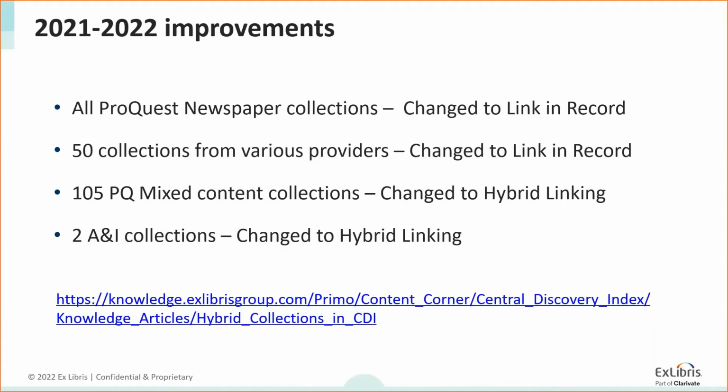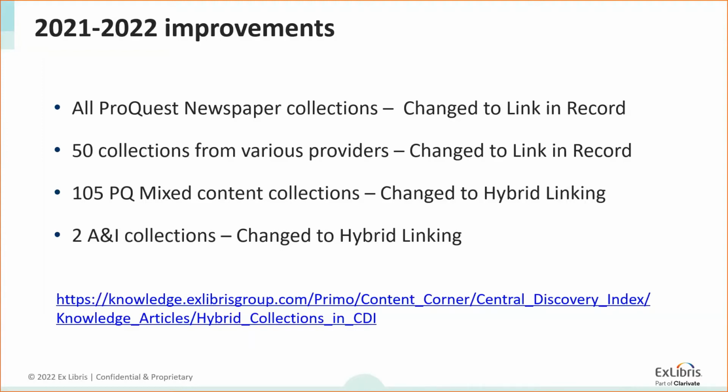In addition to this, 50 other collections from various providers, including Gale, Alexander Street Press, IEEE, OECD, and many others, were also changed to link in record based on our review and our decision.